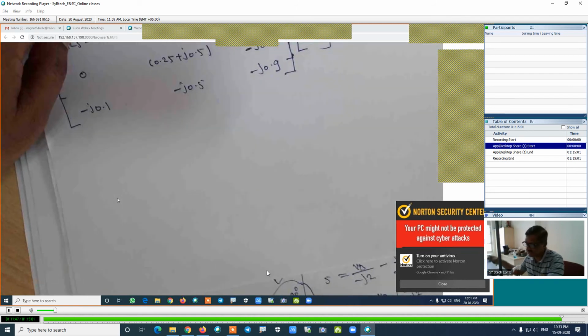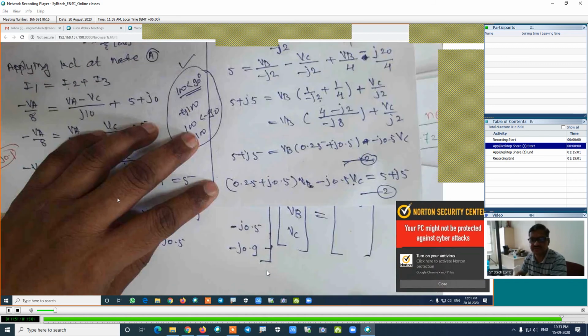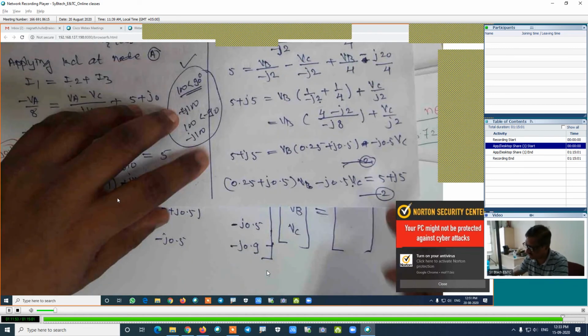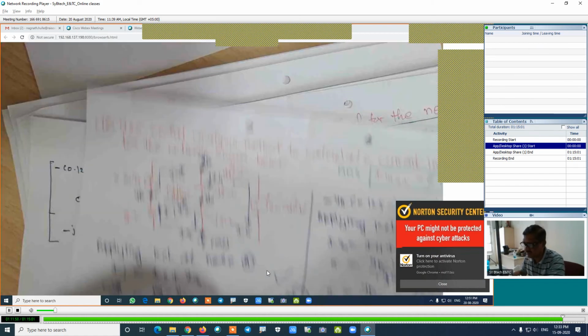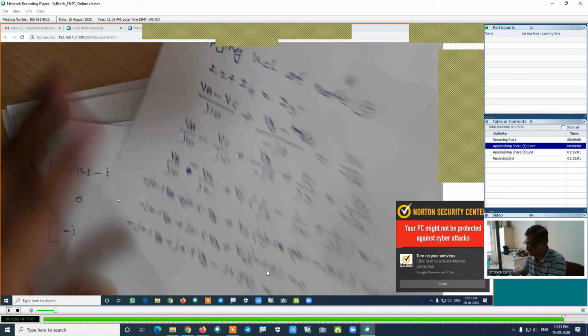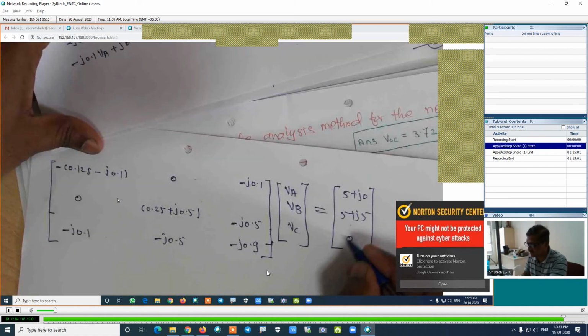For the second equation, what was the constant? We have the constant which is 5 plus j5. Look at this, 5 plus j5. And here it will be 5 plus j5. And what is the constant of the third equation? The constant of the third equation is 0. And here it will be 0.